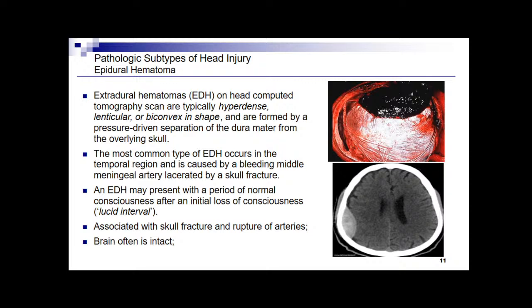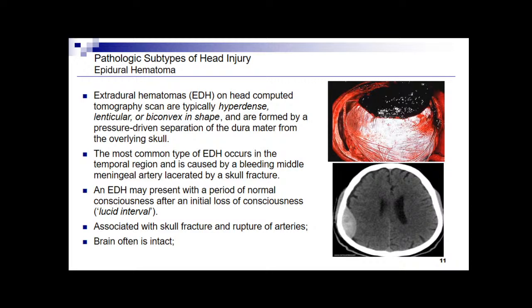Epidural hematoma is practically always associated with skull fracture and rupture of arteries. Hematoma is a result of bleeding. Bleeding is a result of rupture of arteries. Rupture of artery is the outcome of skull fracture, because cracking of the lamina vitrea can cause tearing of vessels and flowing of blood out of vessels into the epidural space.